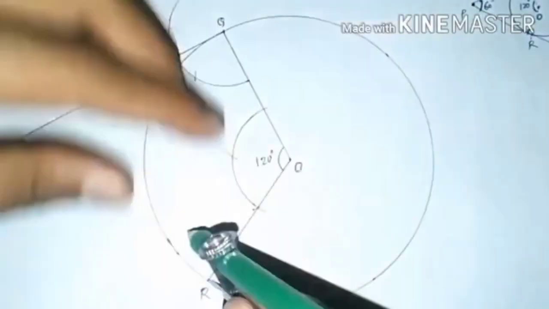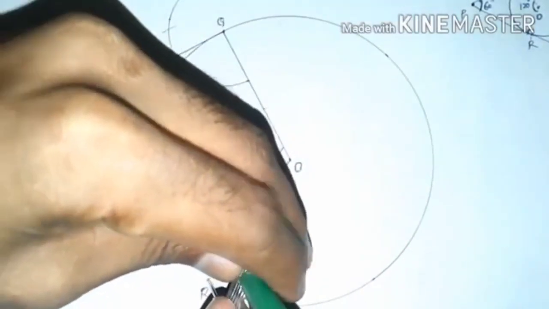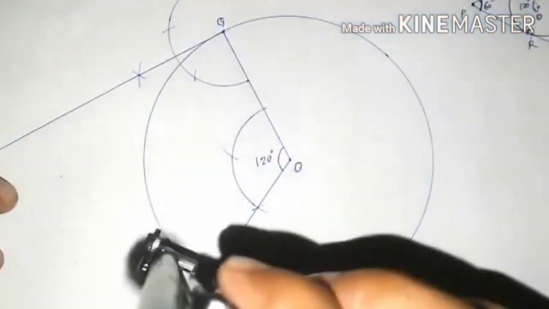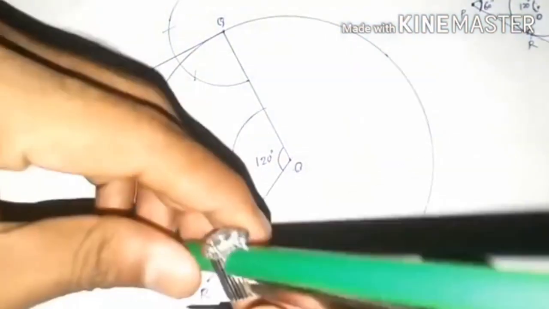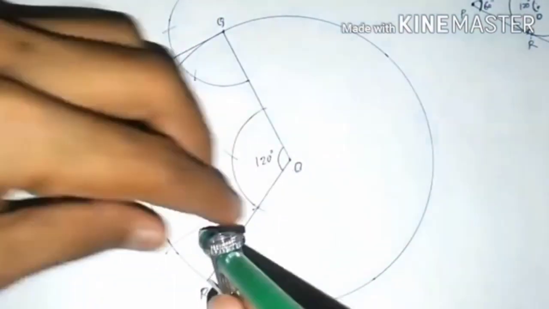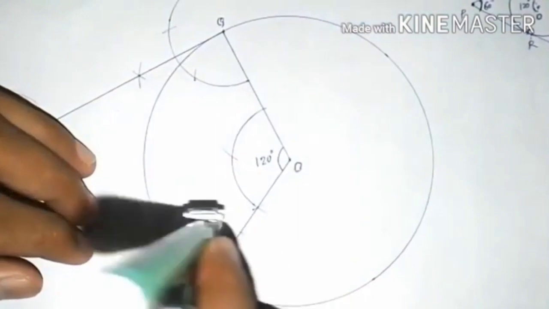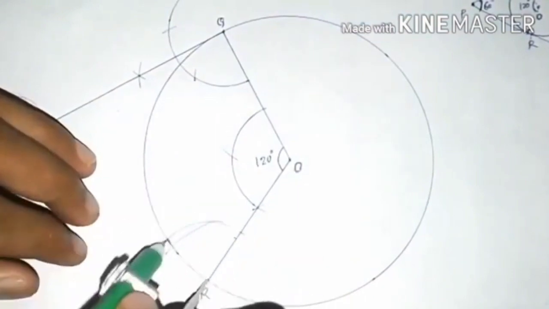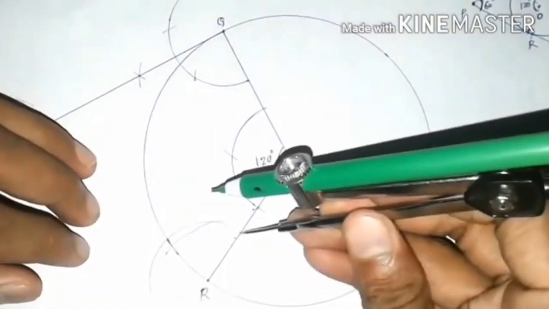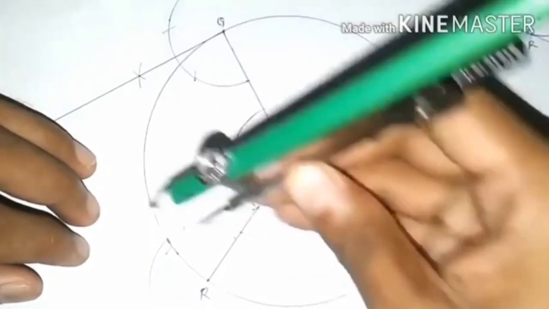In the same way we have to draw 90 degrees at R also. A perpendicular we have to draw at R. Using any radius, draw an arc. And using the same radius, cut the arc in two places.